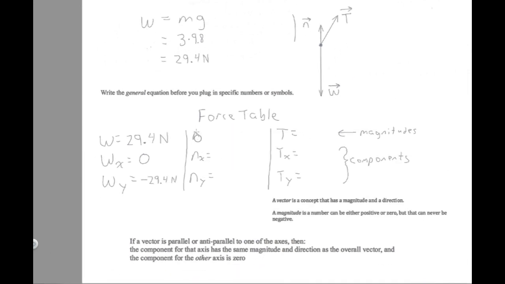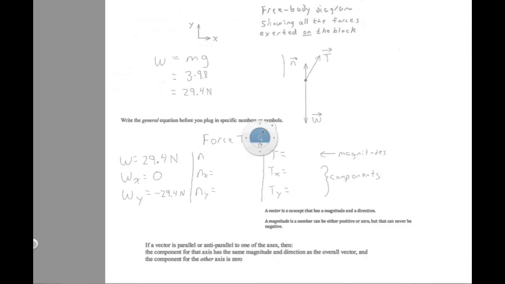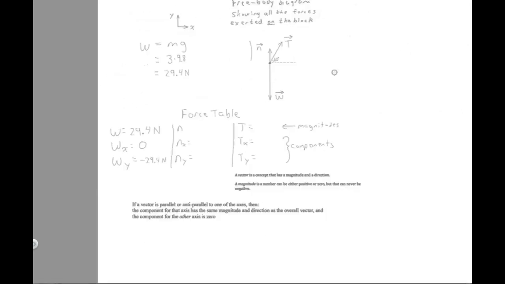So now we need to break that normal force into components. Well, we can see that the normal force is parallel to our y-axis. I say that the normal force is parallel to the y-axis because they're pointing in the same direction. They're both pointing up. Since the normal force is parallel to the y-axis, the y component will have the same magnitude and direction as the overall vector.